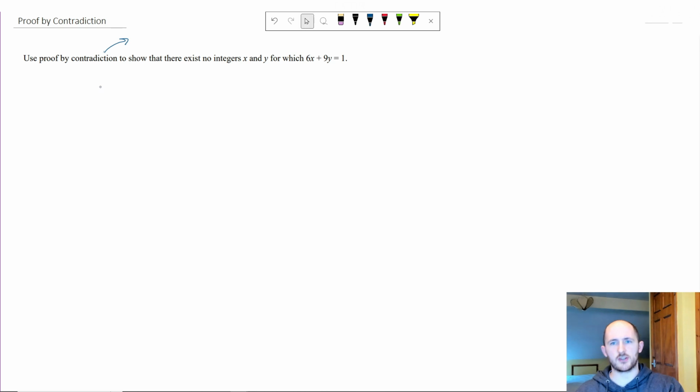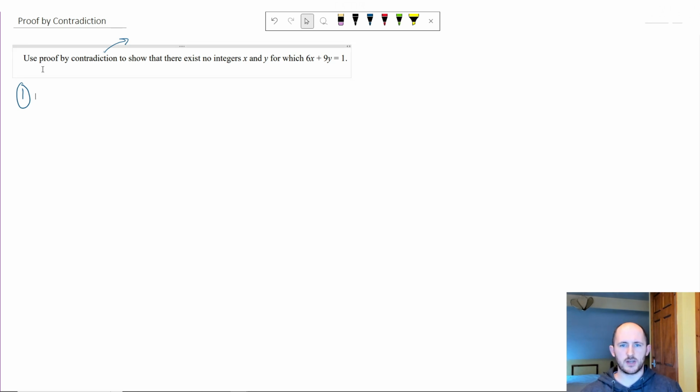In order to do a proof by contradiction, there are 3 steps that you have to follow every single time. And the really annoying thing is when students don't do the first and/or third step. So what is the first step? The first step always is you assume that the opposite is true, and you write this assumption out.